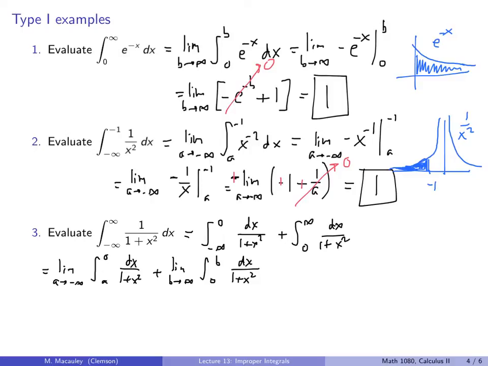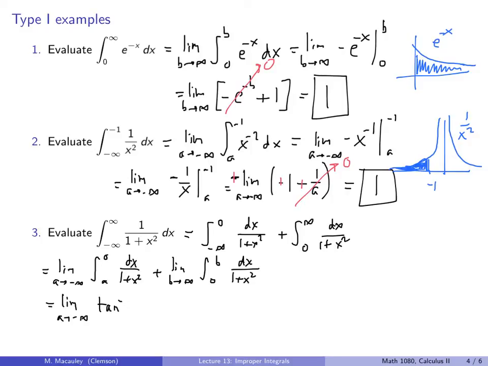Okay, so the first one, this is the limit as a goes to negative infinity of inverse tangent, right? Yes, inverse tangent. Now let's erase that and make that a little better.